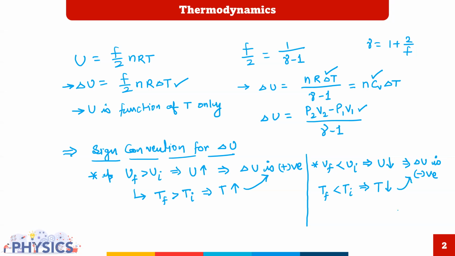So if internal energy of the gas is increasing, the sign convention is positive, and if it is decreasing, the sign convention is negative. Another way to say it: if the temperature of a gas is increasing, the change in internal energy is positive, and if the temperature is decreasing, the change in internal energy is negative. So this is the sign convention and the formulas for delta U.